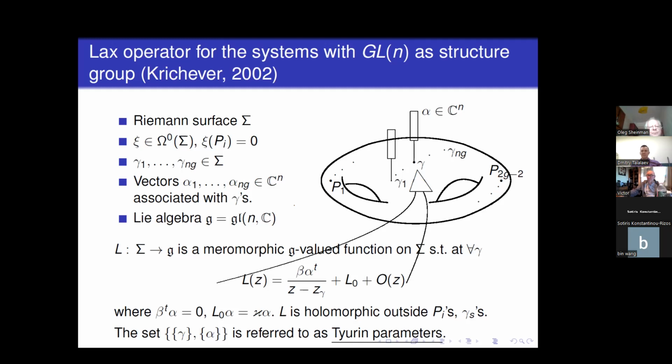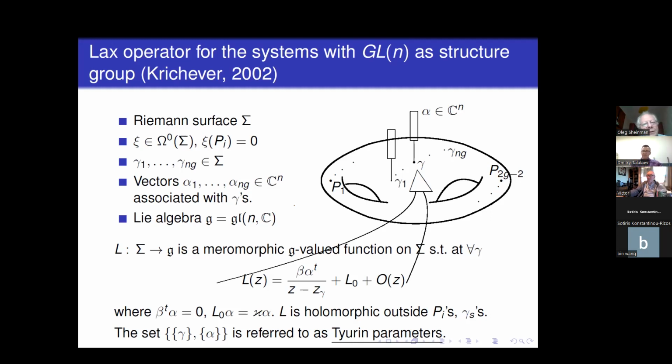Now, we assume that a certain Lie algebra is given. By Krichever's idea, it should be the full linear algebra of size n.